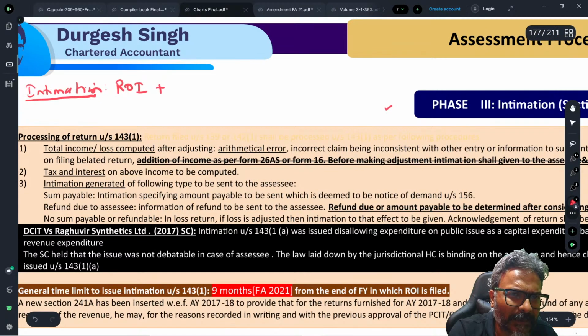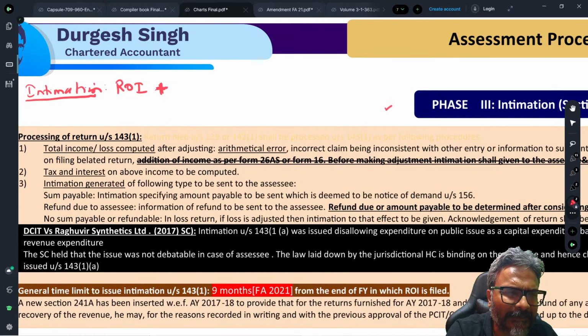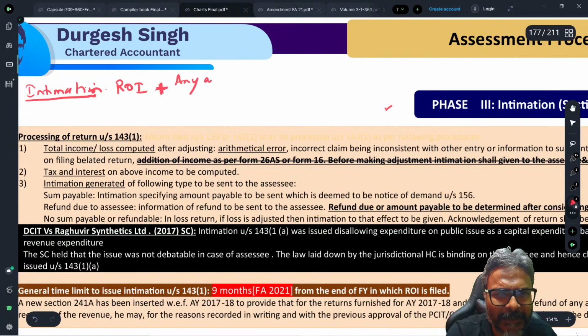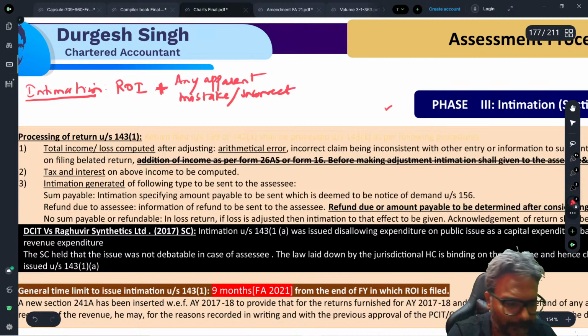Now on the basis of the ROI, you are sending the intimation, and if there is any apparent mistake or incorrect claims in this particular ROI, can that be rectified? And the answer is yes, it can be rectified in this case.